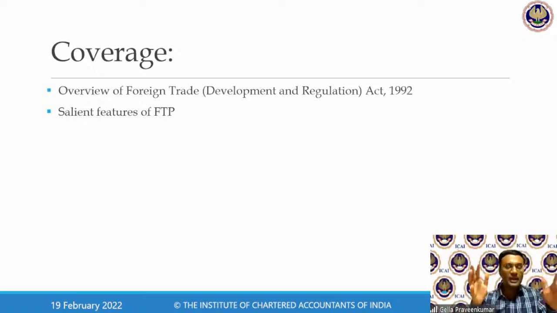So if you look overall, the Customs Act, what we see as on today, the exemption notifications, tariff notifications, procedures which are there under customs, these are issued under Ministry of Finance. However, my Ministry of Finance has a tandem, has a synchronization with this particular Ministry of Commerce.